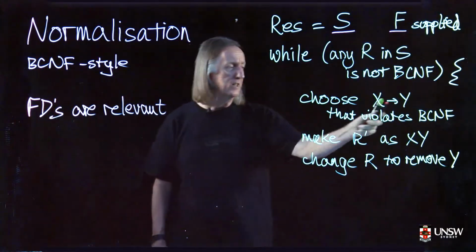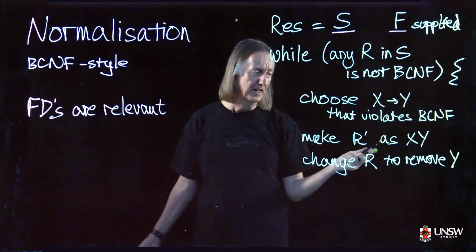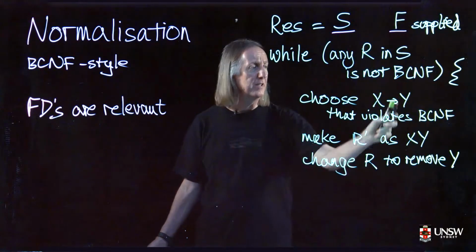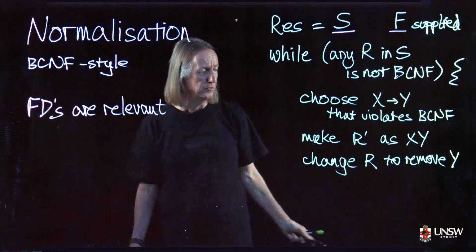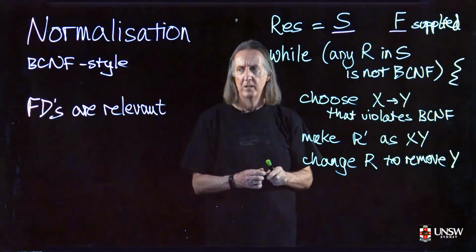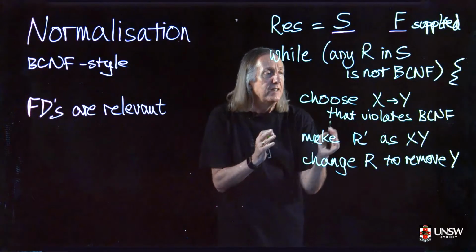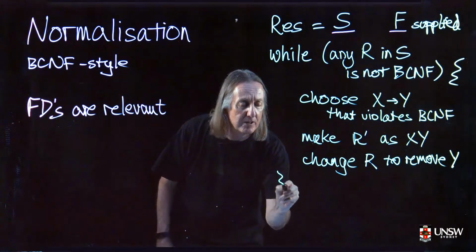So in this case, if we take Y out of R, then Y still contains X, that's fine, but it doesn't contain Y, and therefore this functional dependency is irrelevant to that new table. So we are only interested in functional dependencies that contain attributes, all of which are in a given table.